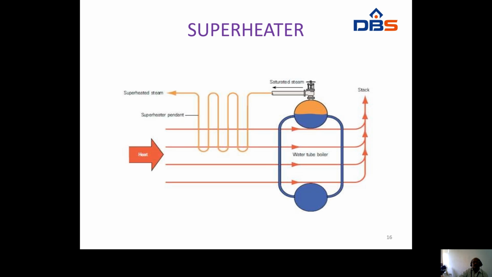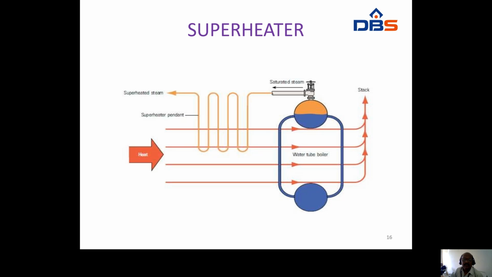This is a superheater. These are the exhaust gases. Water from the boiler, using exhaust gases, there is steam generation here.